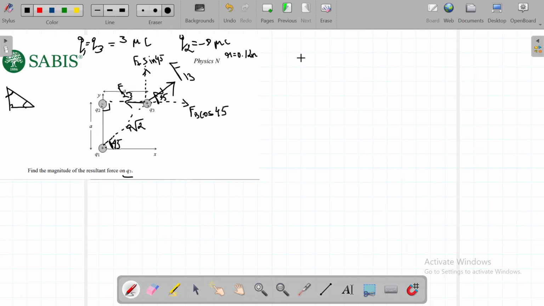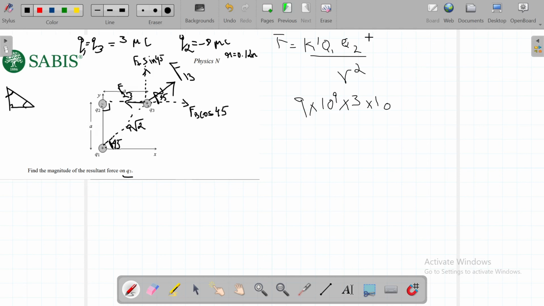Working with this, let's find first F23 because it's easier. When you have two charges and you're trying to find the force, you do F equal K Q1 Q2 over R squared. Okay? So the R between Q3 and Q2 is A, which is 0.12. So K, which is 9 times 10 to the power of 9, times your Q1, which is Q3, which is 3 times 10 to the minus 6.